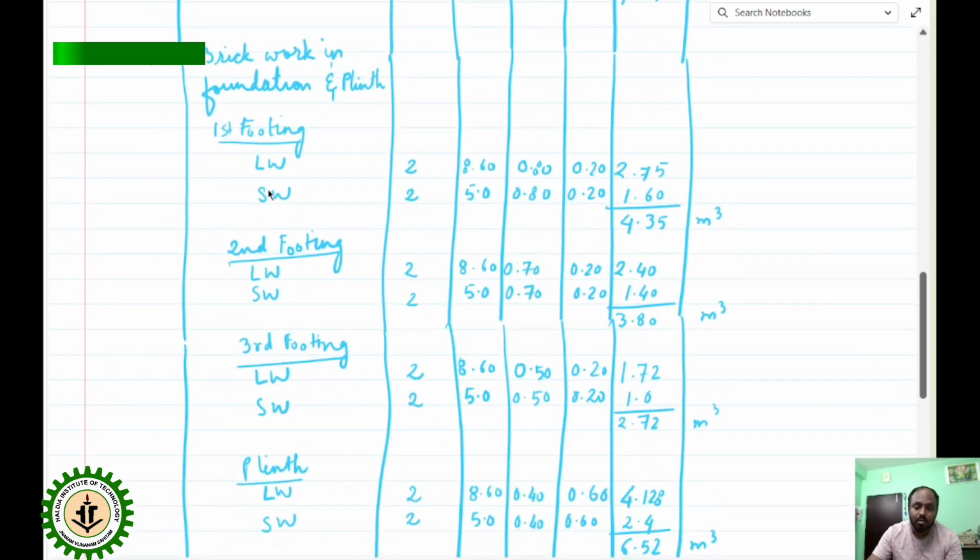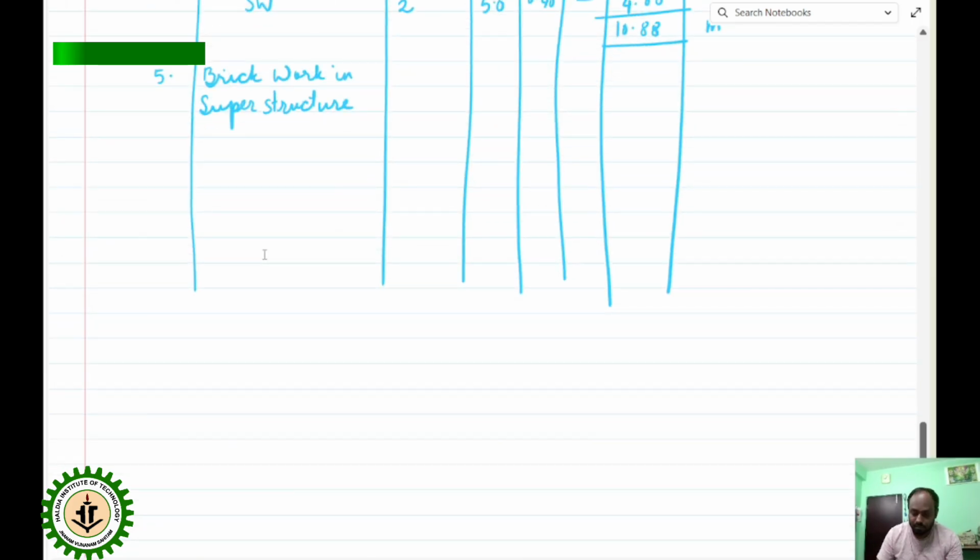Okay, so we will calculate for long wall and short wall. Numbers are 2, length will be same. Width of the superstructure is mentioned as 0.30 in the drawing. Height is 4.2.